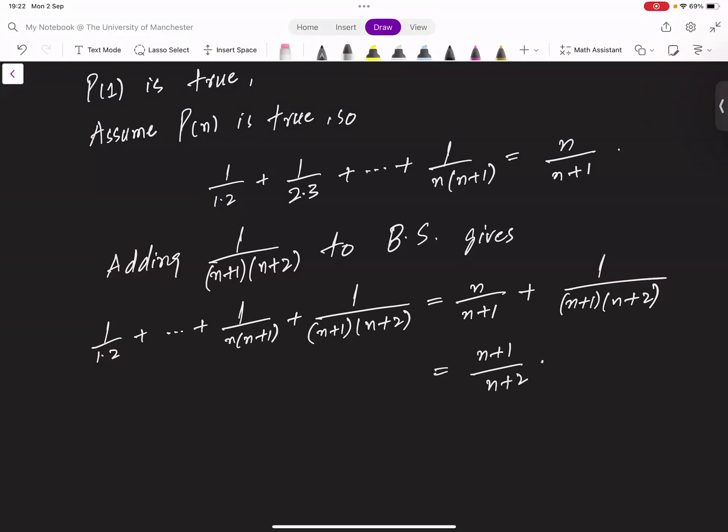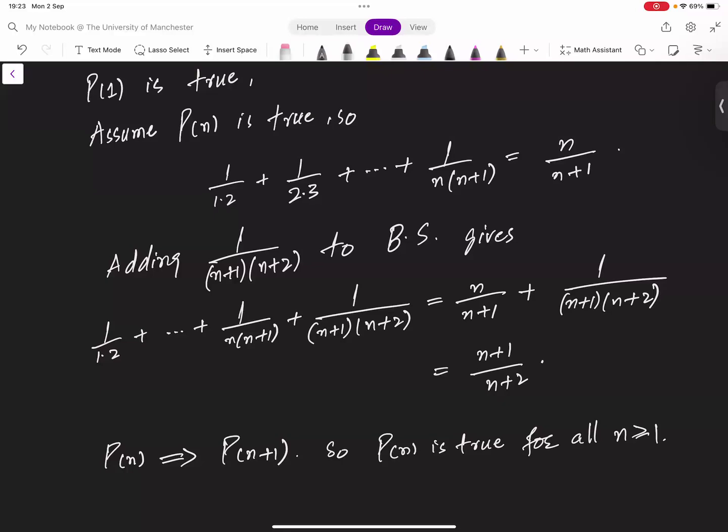And by this, you can say that P of n implies P of n plus 1. So P of n is true for all n greater than or equal to 1.